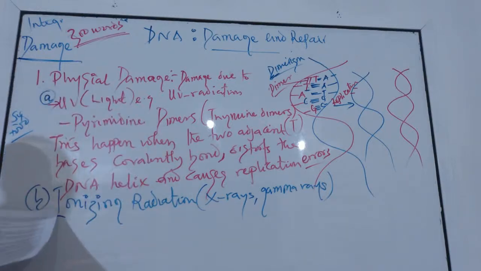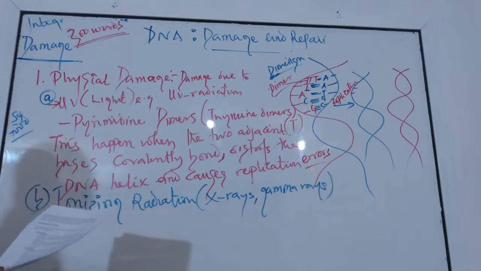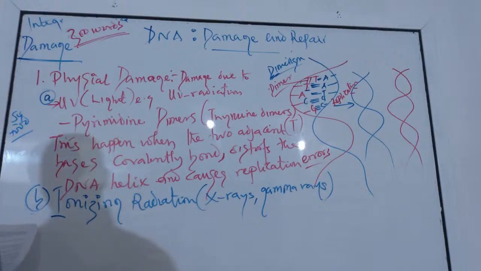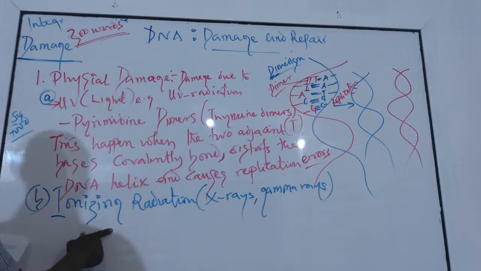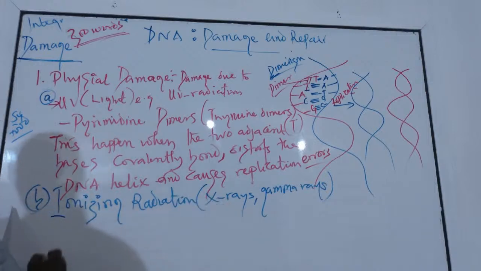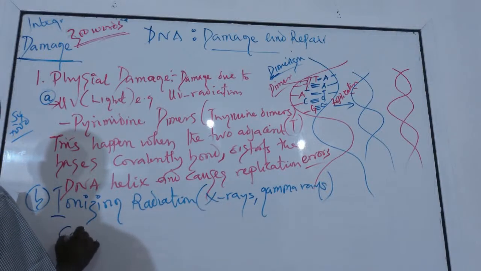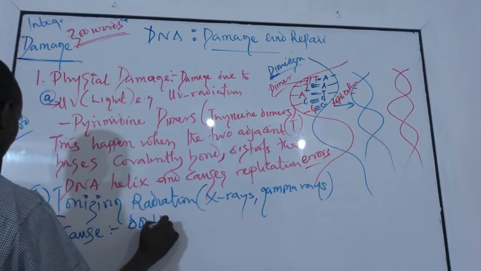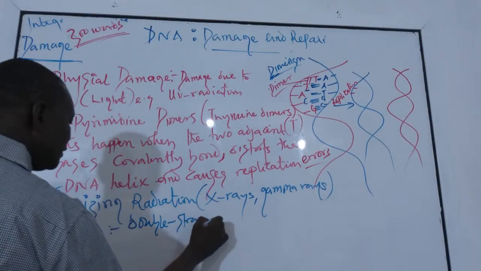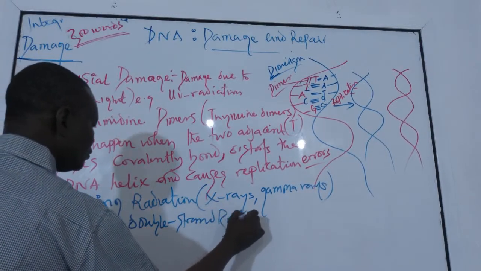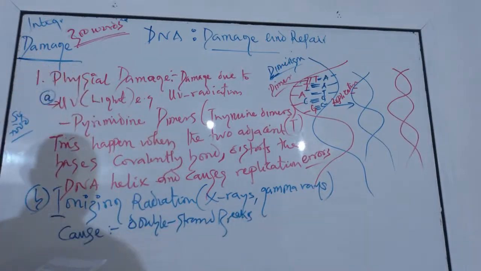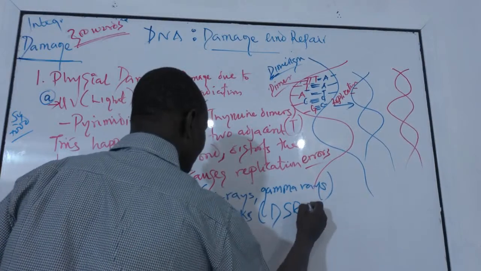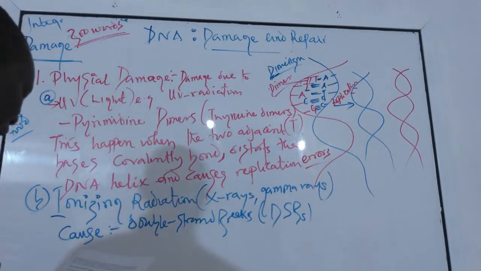Don't forget that whatever happens to our DNA is going to have a lasting effect. Whenever our DNA is exposed to this, it's going to cause what are called double strand breaks, DSBs.